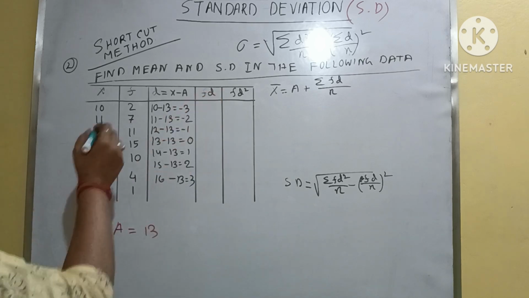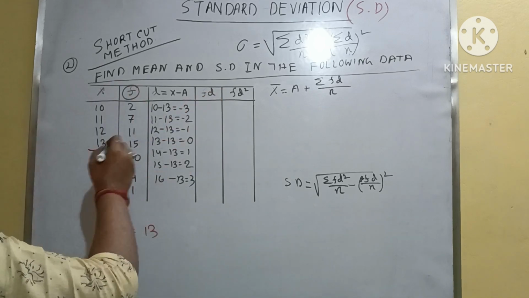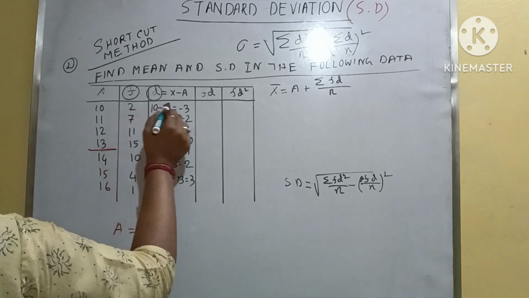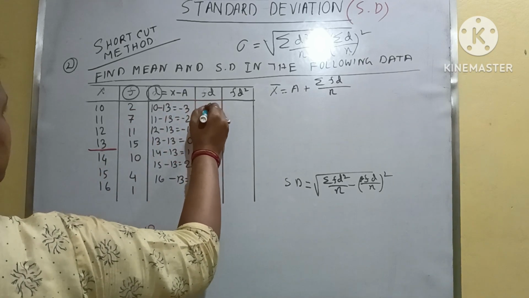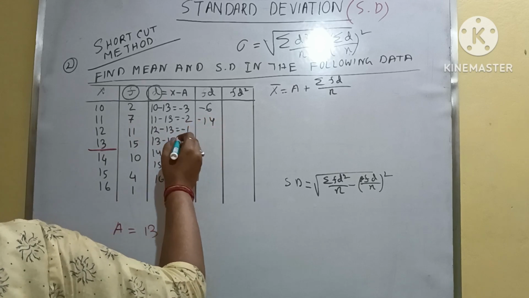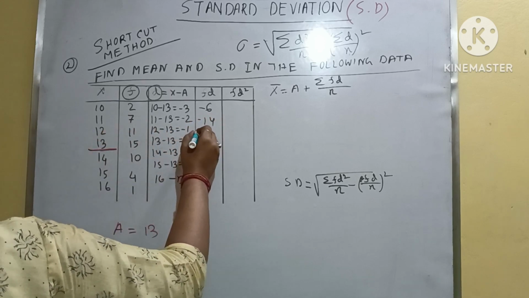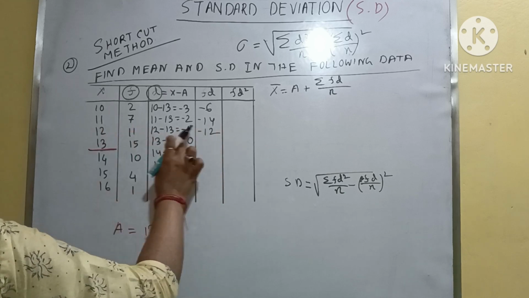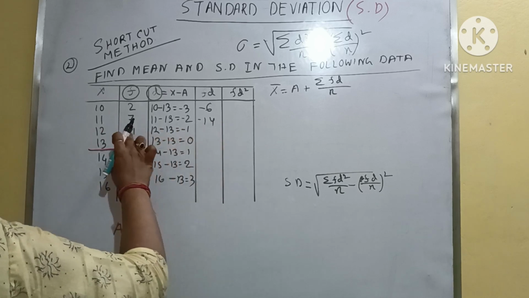fD means the multiplication of f and D, the product. So just multiply that. 2 into minus 3 is minus 6. Minus 2 into 7 is minus 14. Minus 1 into 11 is minus 11, sorry, not 12, this is 11.